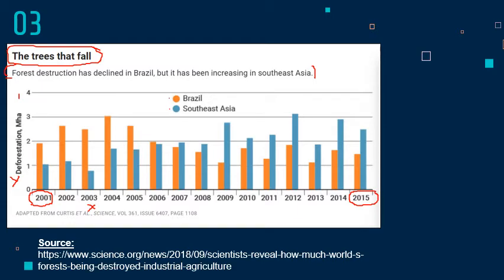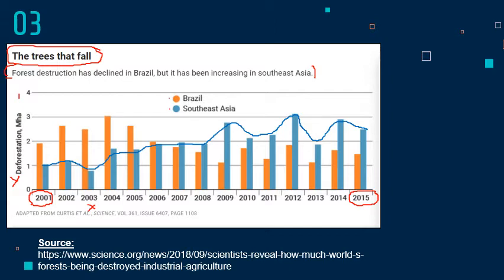Okay, so what I'm going to look at is the shape of the data first, and I can see that it goes up and down over time. So let's use a different color for blue. It goes up, down, roughly. Then it goes up here, down, up and up. So for blue, Southeast Asia, it's ended up higher at the end, in this second half.